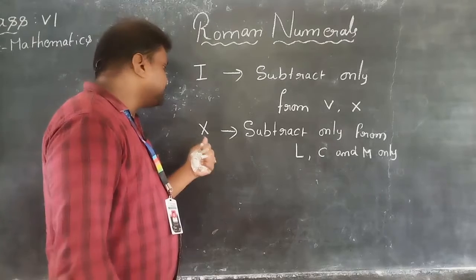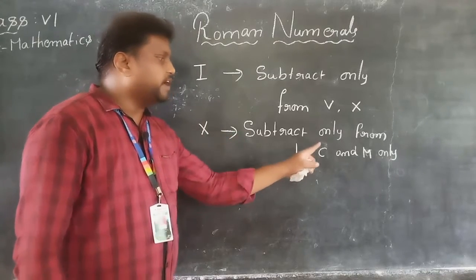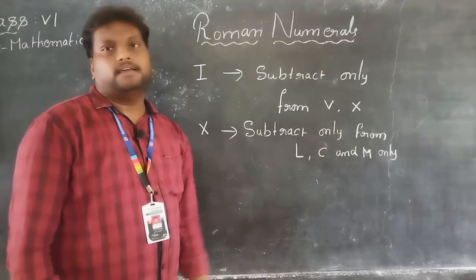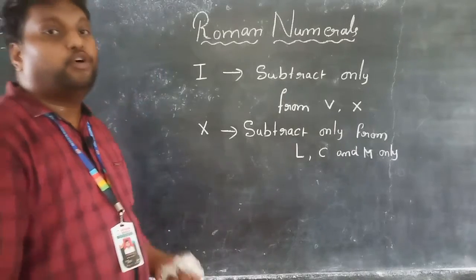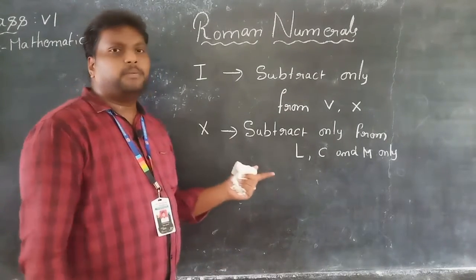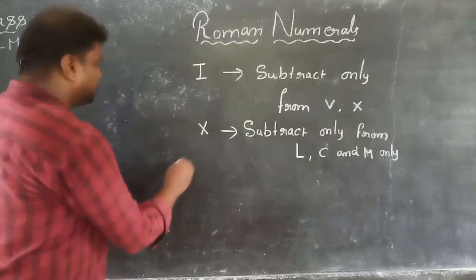Because X means 10. 10 subtract only these values, 50, 100 and thousands. Didn't use before remaining values. Means what are the remaining values?